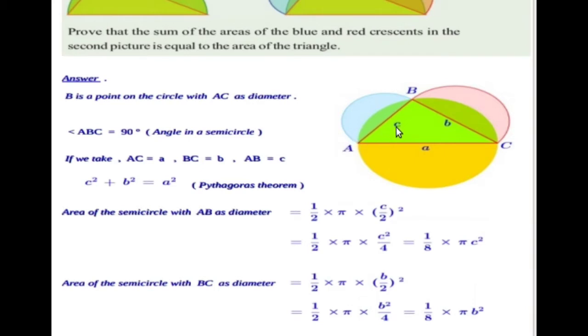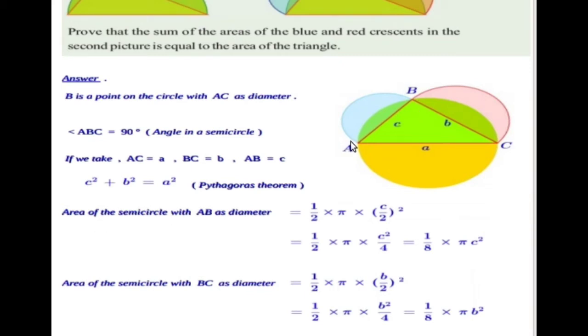is what? We know that the radius is half of the diameter. So here the radius is equal to c by 2. This blue color crescent is part of this semicircle.